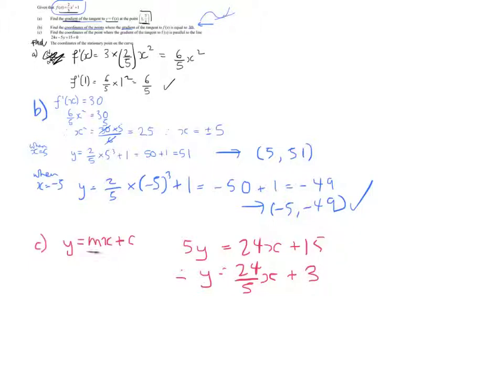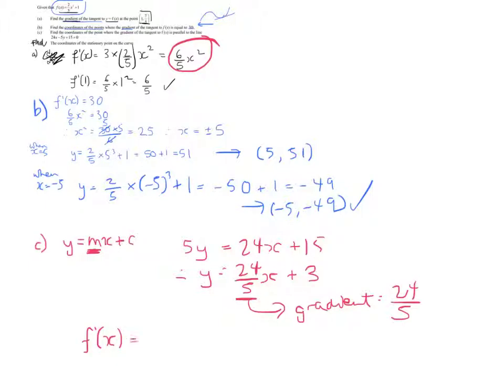Okay, so now when it's in this form, we can just read off the gradient. It's m. And so here, gradient equals 24/5. So now we're looking for where f dashed of x is equal to 24/5, just like we were doing in part B. So we write f dashed of x equals 6/5 x squared, and that is equal to 24/5.